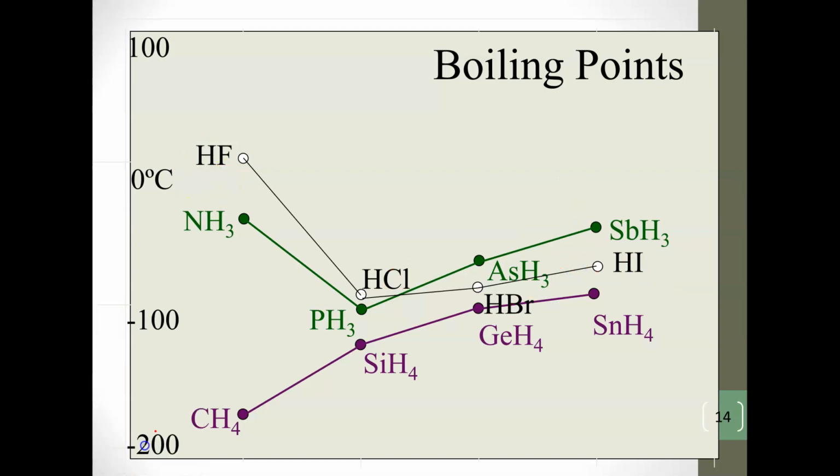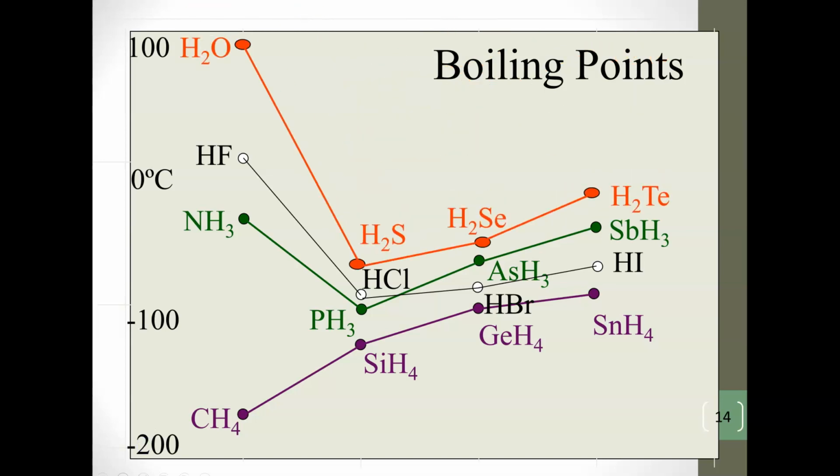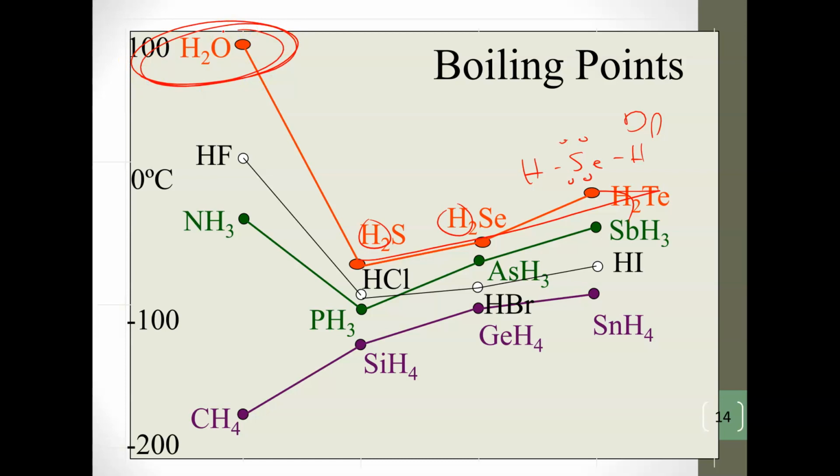And you can probably guess what's going to happen when I do oxygen's family. Again, they're all this structure. They're all dipole-dipole because they're all polar. And again, as they get bigger, boiling point goes up, but water is the king of the hill because it's got hydrogen bonding. Okay, so boiling point is all tied to the strength of their forces.